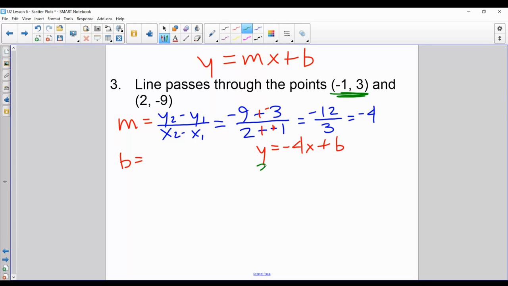Put in 3 for y. Put in -1 for x. And again, b is my only unknown. So I have 3 equals 4 plus b. Subtract 4. And I get -1.